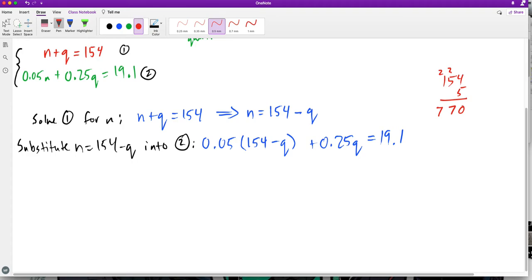Okay, so we get 770 if it were 154 times 5, but this is 154 times 5 hundredths, so that means we're going to get 7.70, in other words, just 7.7, minus, when I distribute the 0.05 times q, we get negative 0.05q, and then I have the rest of the equation unaffected so far.